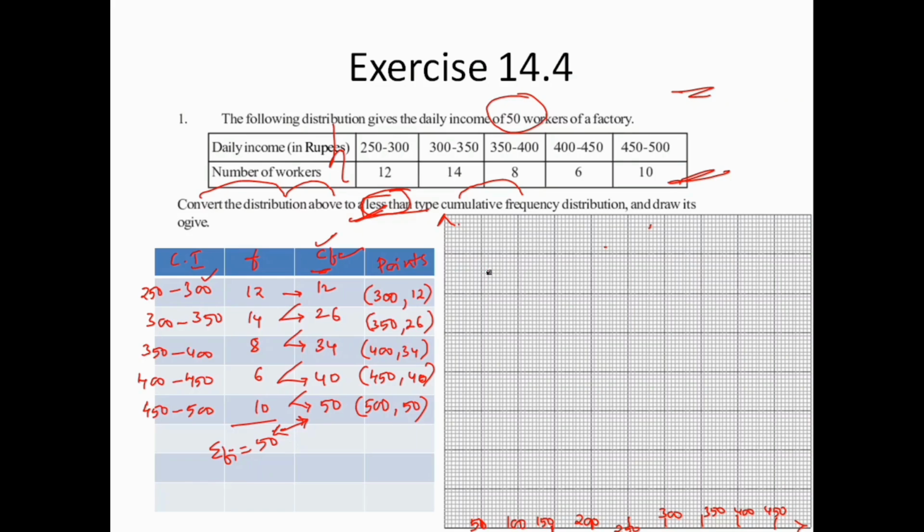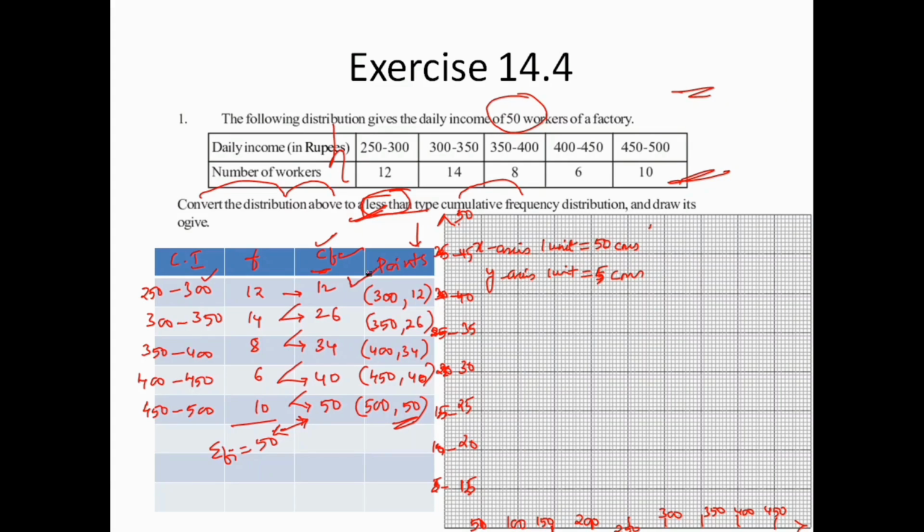I can write here the graph scale: on the x-axis 1 unit equals 50, and on the y-axis the values are multiples of 5. Ignoring these values because they are of no need, as we have only a limited area to write, I am restricting it.